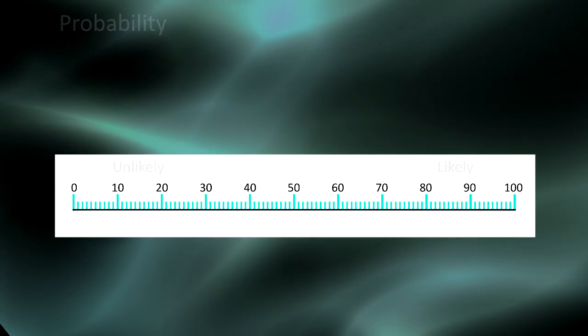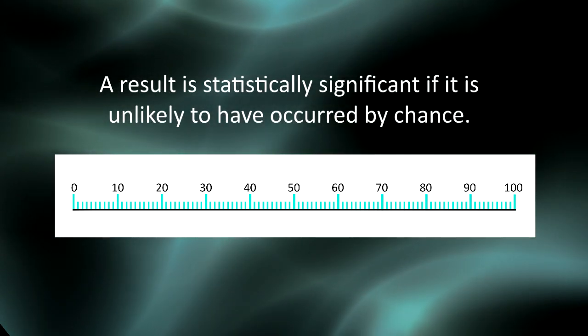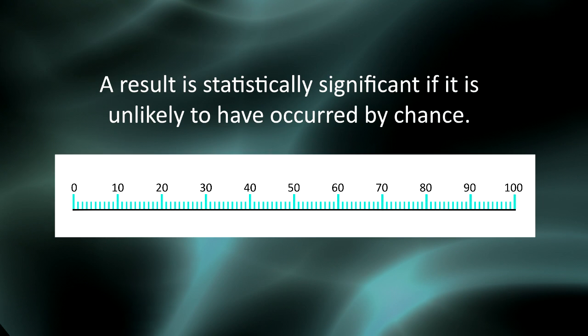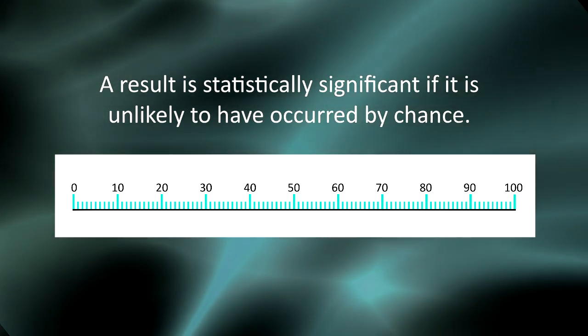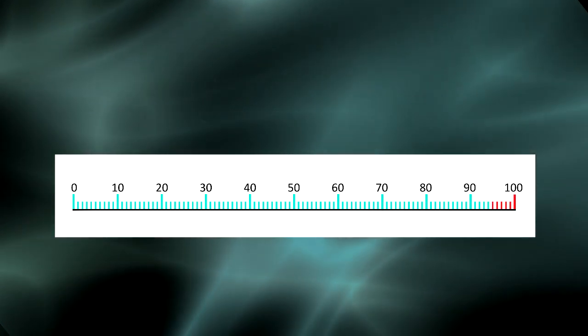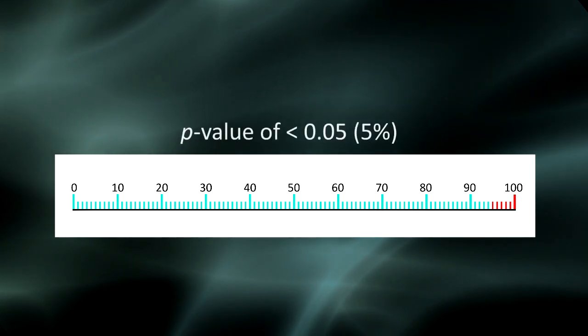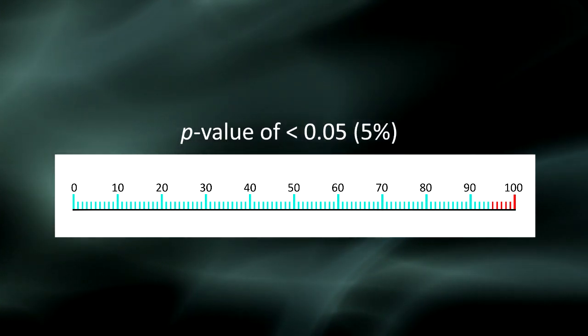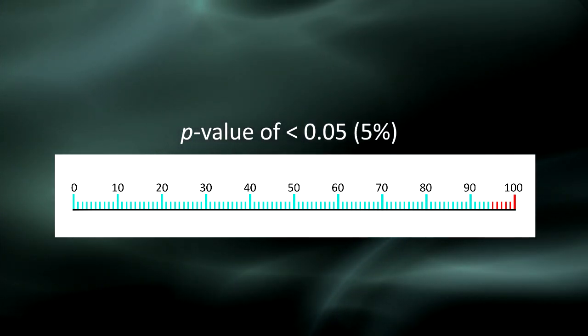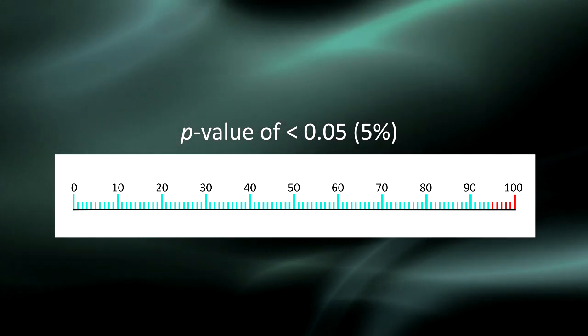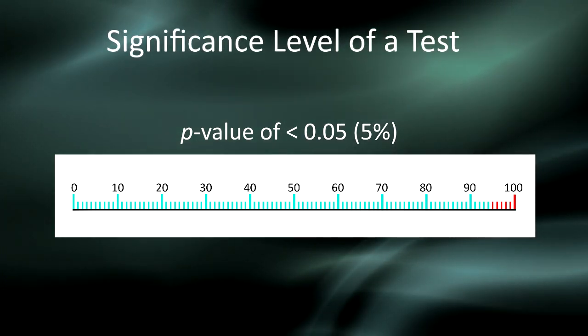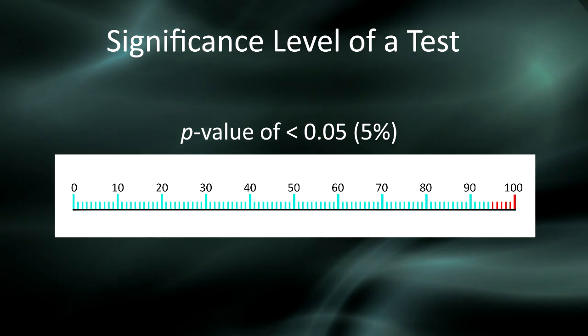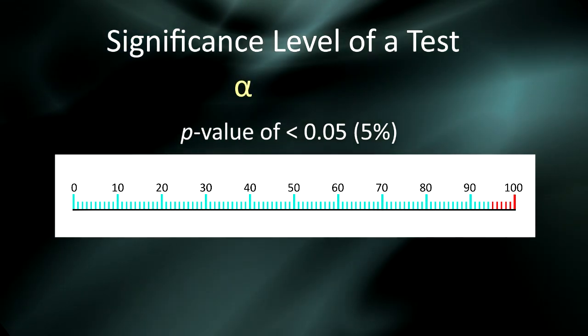In statistics, a result is called statistically significant if it's unlikely to have occurred by chance alone. The most commonly used standard or cutoff is 0.05 or 5%. Because this standard or cutoff is so important, it has a special name. It's called the significance level of a test and is usually denoted by the Greek letter alpha.